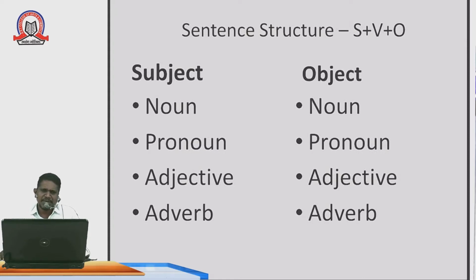For example, my dear students, what do you mean by noun? Firstly I want to explain the definition of these words in one sentence. These words are also called open class words and closed class words. Noun means the naming words.